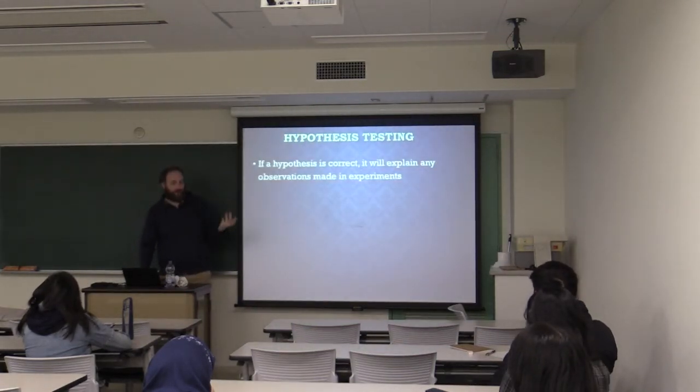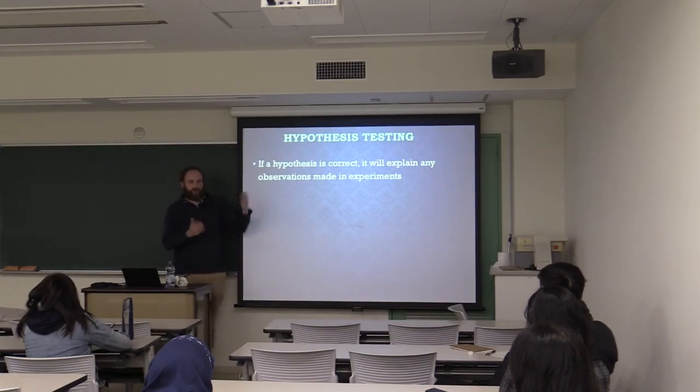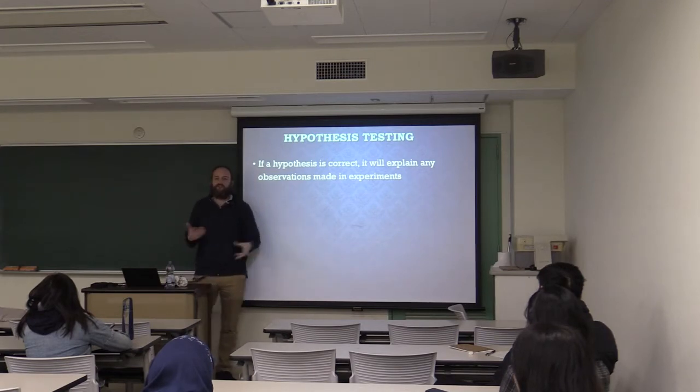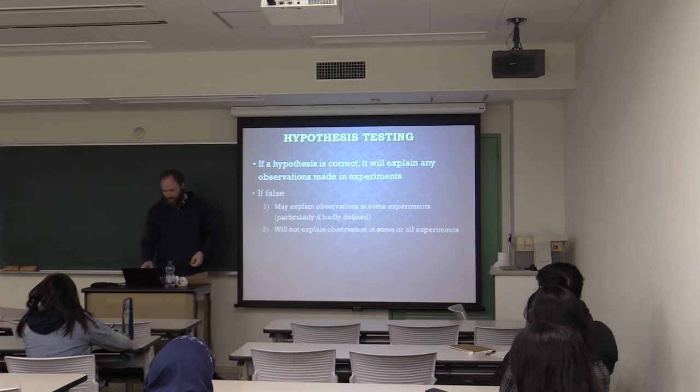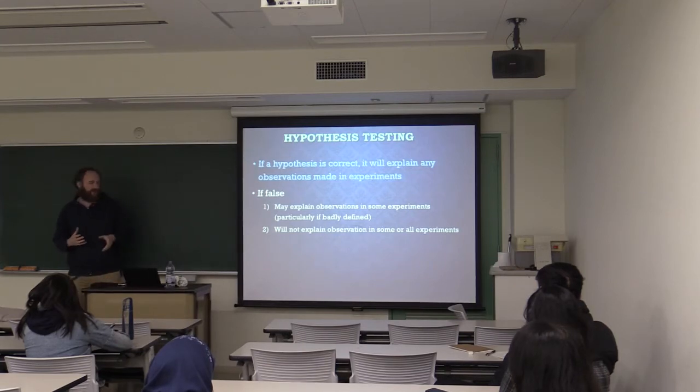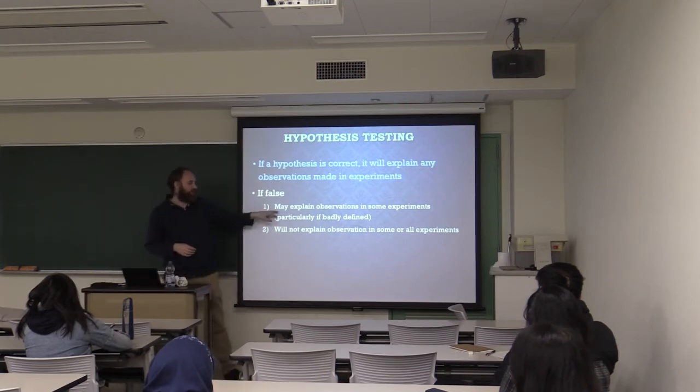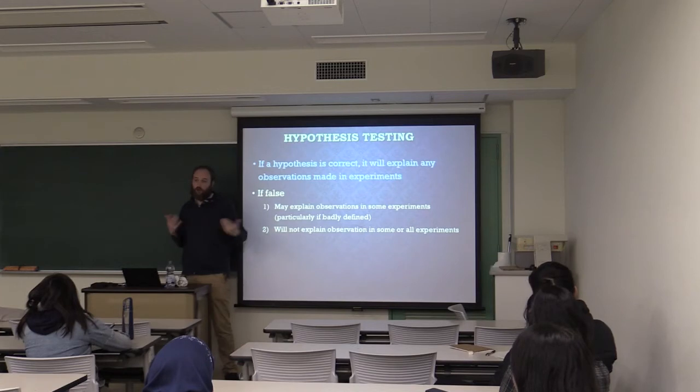So, my hypothesis: if all swans are white is correct, then we can look at millions and millions of swans, and they'll always be white. If my hypothesis is false, and now we know it is false, because we just saw a black swan. But we looked at lots of swans, and they were all white.